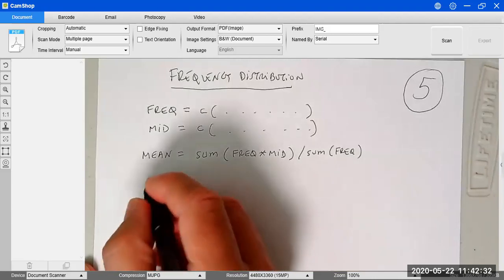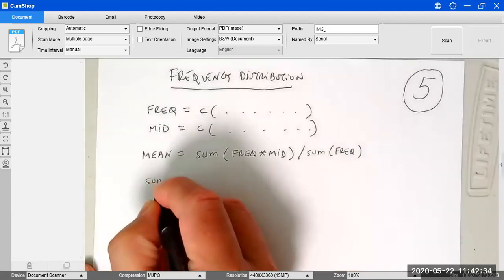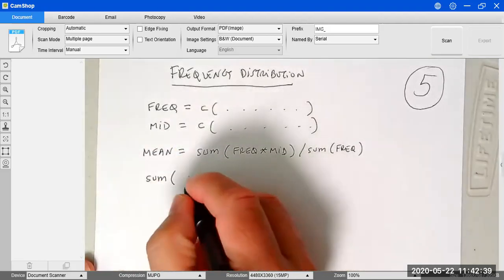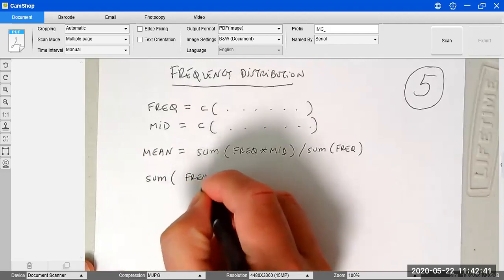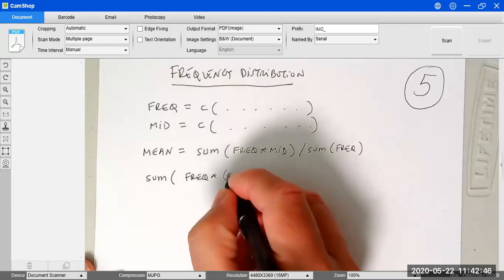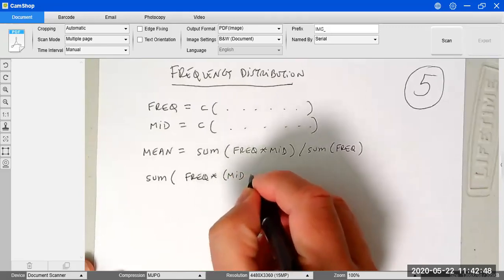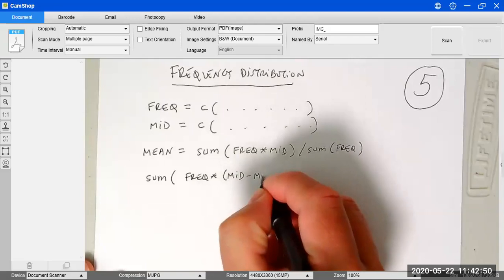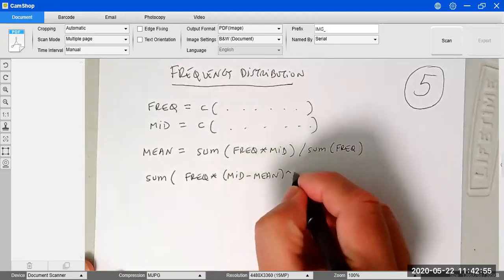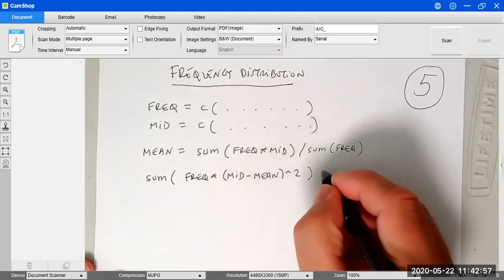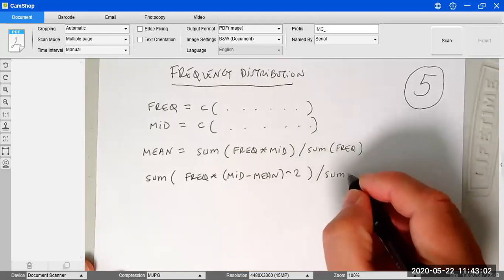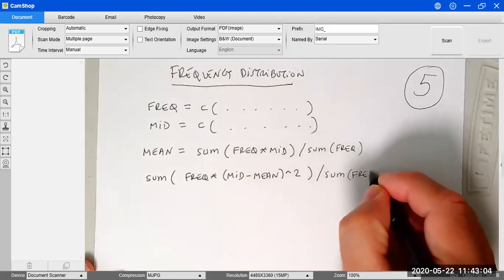Then you just compute the sum, and you're gonna multiply the frequency and the difference between the midpoint and the mean, and you're gonna square this, and then you're gonna divide that by, in one case, just the sum of the frequencies.